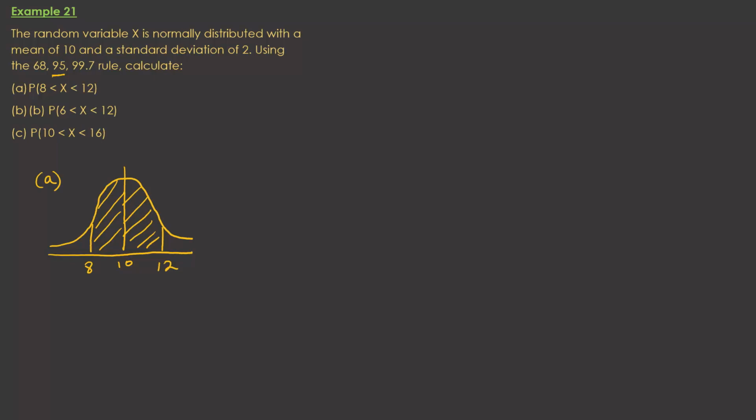So that means that this is minus 1 standard deviation this side and plus 1 standard deviation that side. So we're within 1 standard deviation of the mean. And we know that that is 68%, and therefore the probability is 0.68.